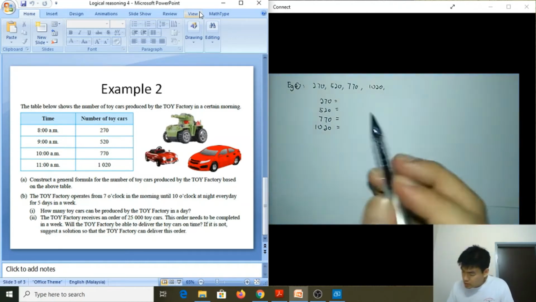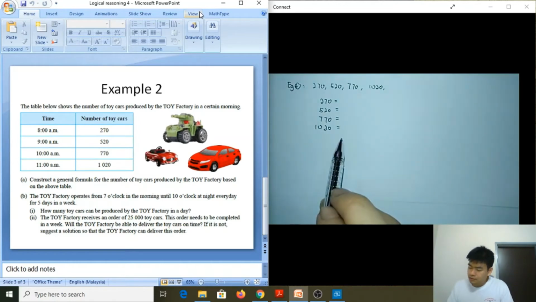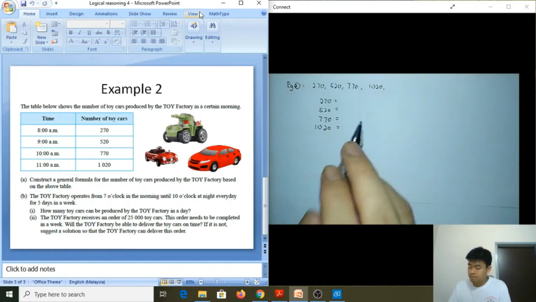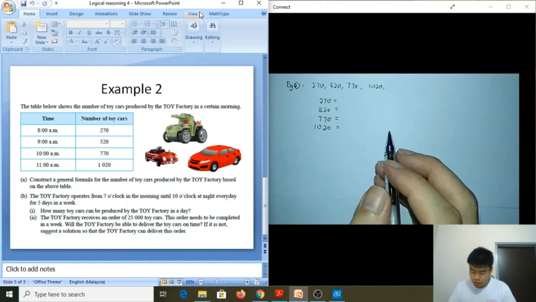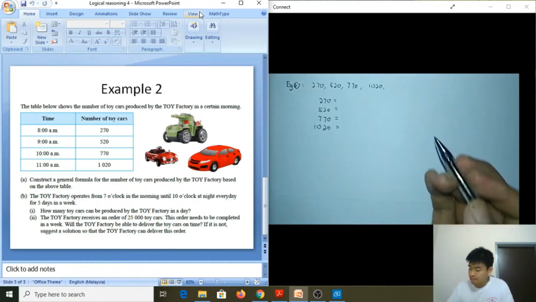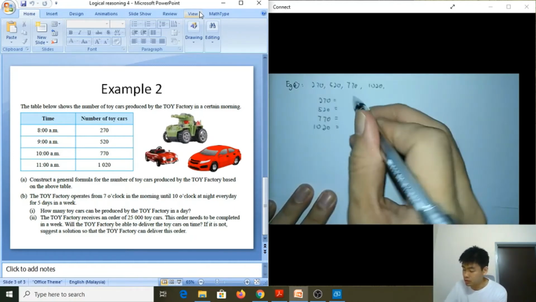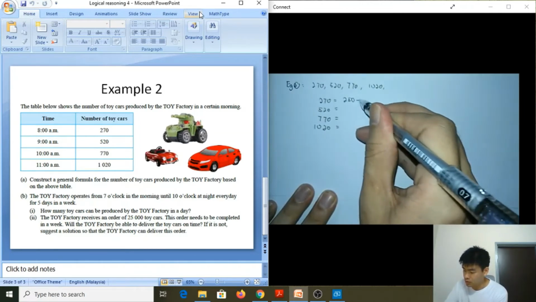Now, over here, you need to be creative. You need to do a lot of exercise to actually find the idea. To find the pattern, you need to find the common feature. So let's say I separate 270 into 250 plus 20.